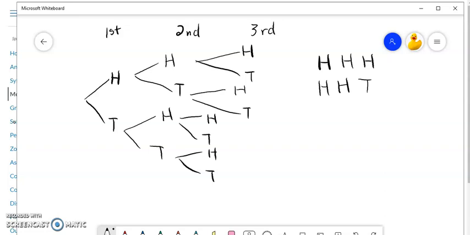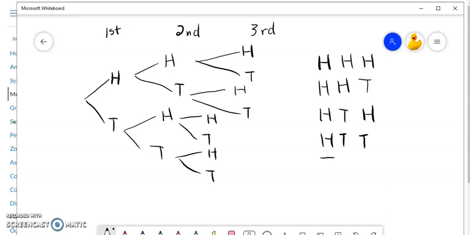Or maybe I rolled a heads the first time and then a tails, and then another heads, or a heads, a tails, and another tails. So we're following all of these branches on our tree to get these combinations. I've got 4 so far where I rolled the heads the first time, and that covers all of those where my first toss was a heads.